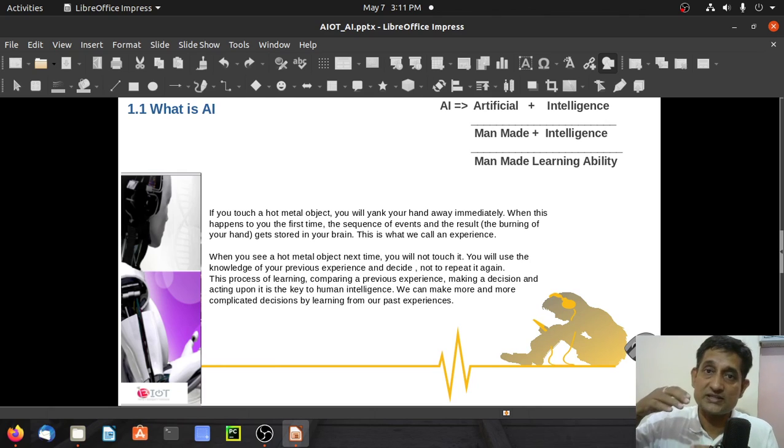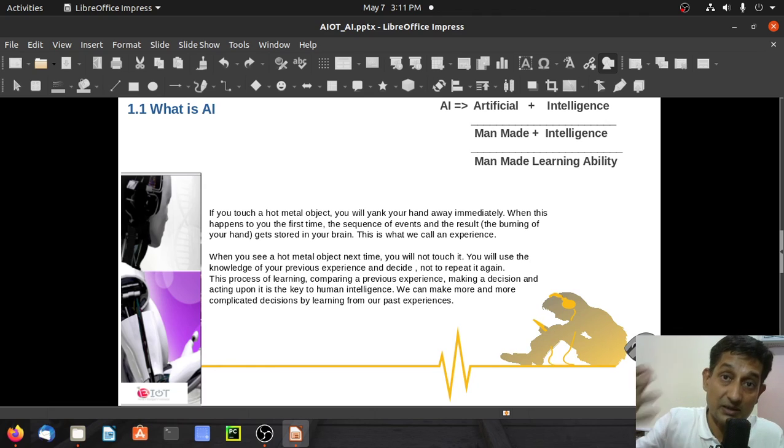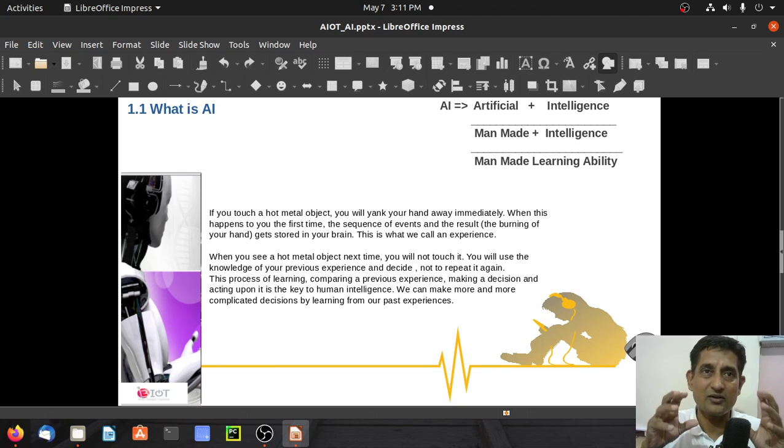In the simplest possible definition of AI, which a layman can understand, you are enabling the machine to experience something, to learn something. That artificial way of providing this technology to the machine is basically called artificial intelligence.